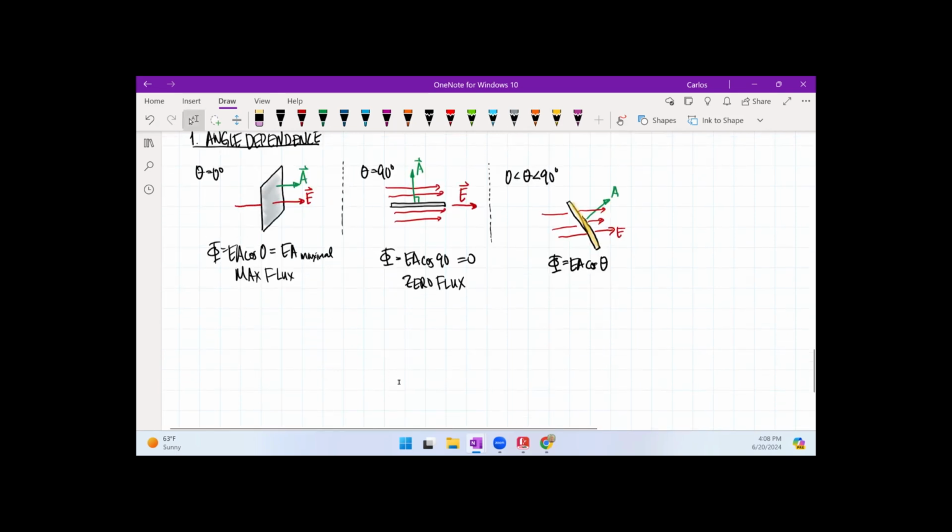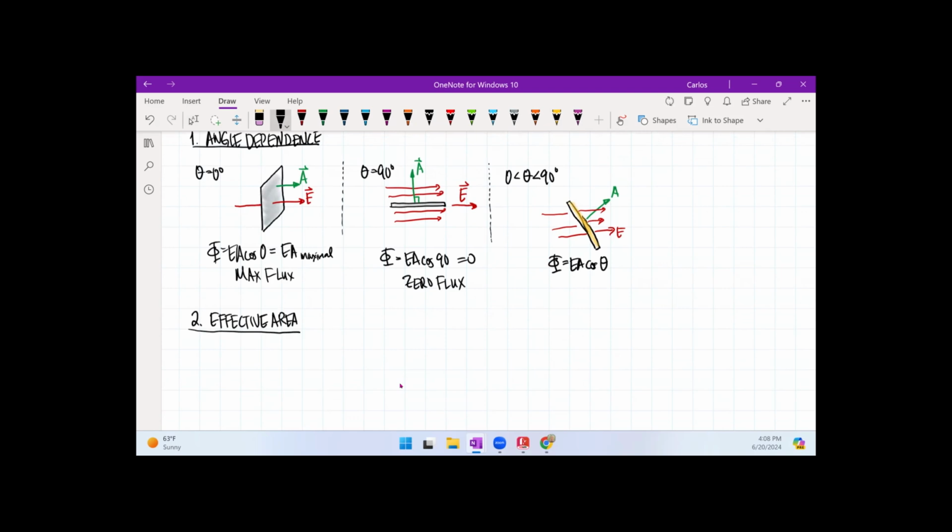And so the upshot is this. There is an effective area dependence.